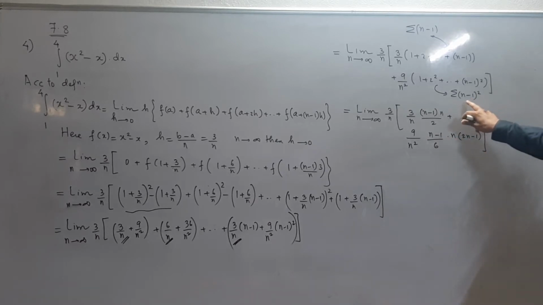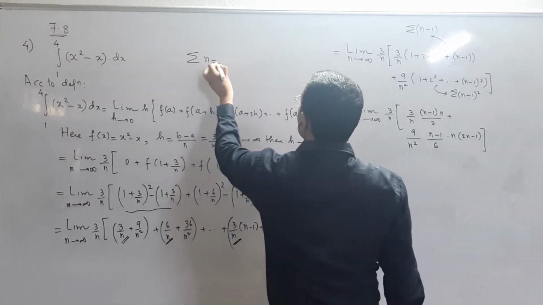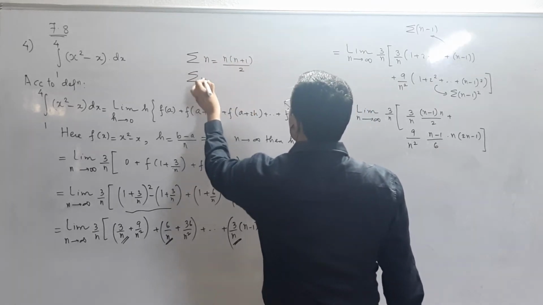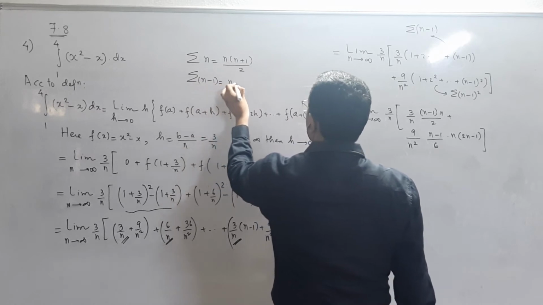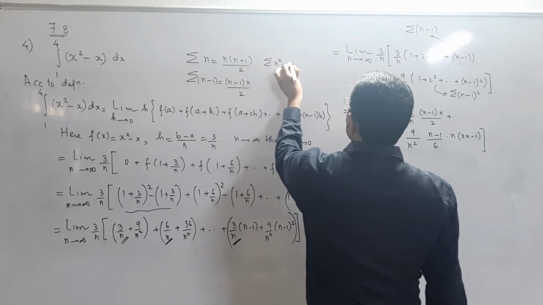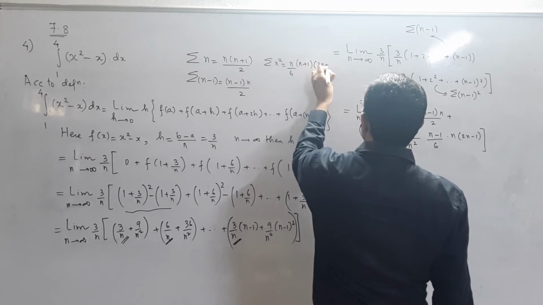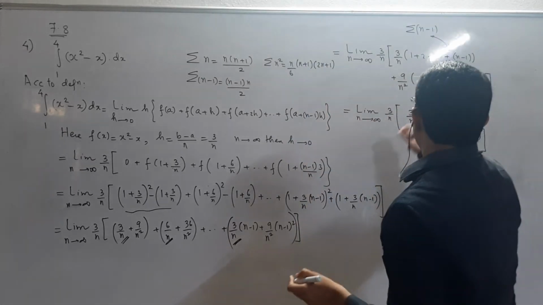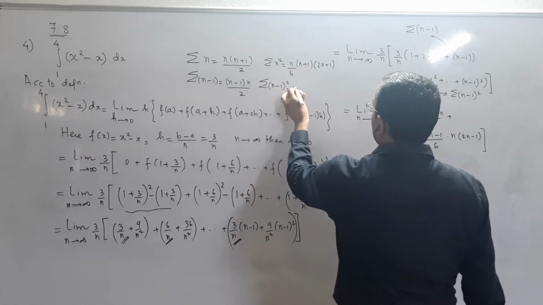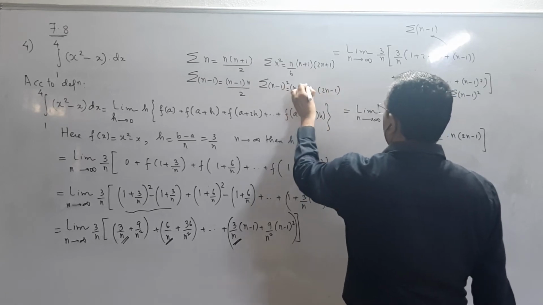This formula, students, we have already written, but once again as a revision I am writing here: sigma n is n into n plus 1 by 2, so sigma n minus 1 will be n minus 1 into n by 2. Sigma n square is n by 6, n plus 1 into 2n plus 1. So for sigma n minus 1 the whole square, it will be n minus 1 by 6 into n into 2n minus 1.